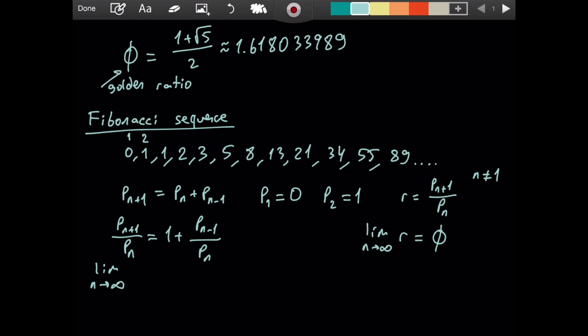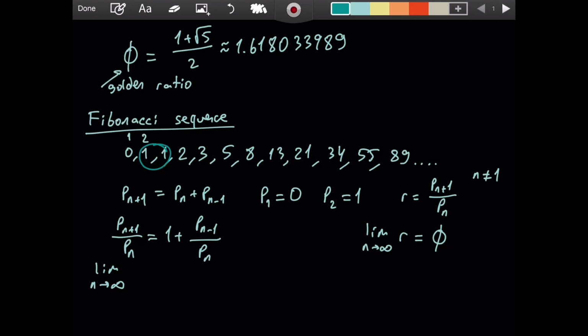So what I'm saying is, initially we had, as the ratio, 1, then it was 2, then it was 1.5, then it was 5 over 3, then it was 8 over 5. These are successive ratios. And as n gets greater and greater, these ratios become closer to each other. And eventually, they will become some value.